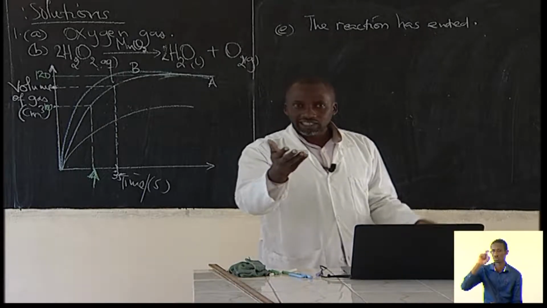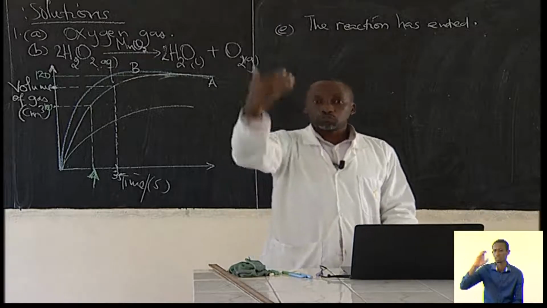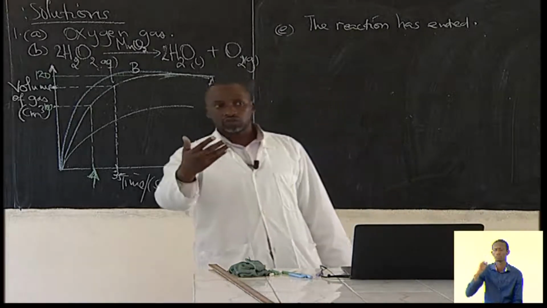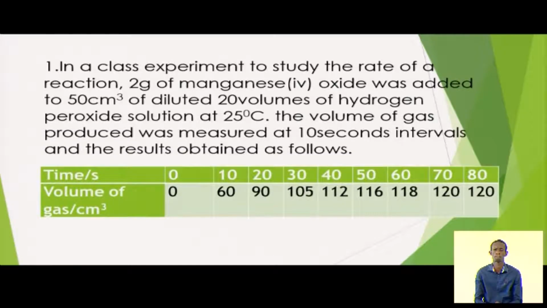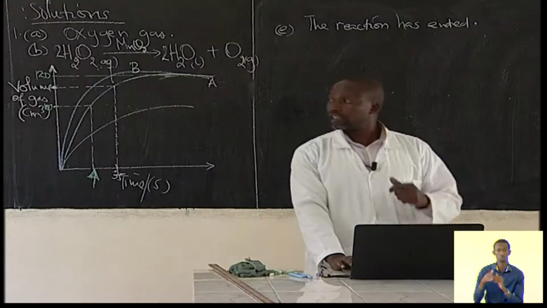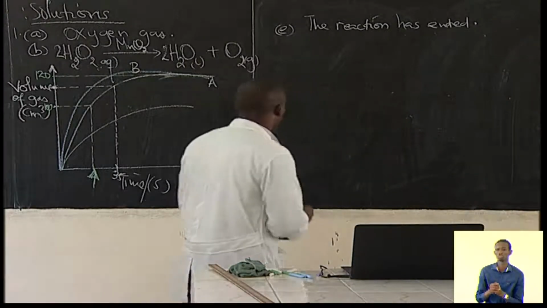And what is a catalyst? Catalysts only speed up the rate of the reactions. They don't take part in a chemical reaction, and they remain unchanged at the end of the reaction. So that is why the mass of manganese IV oxide remains constant.